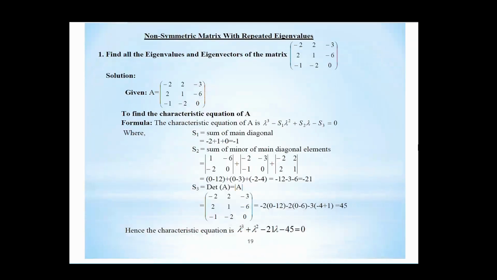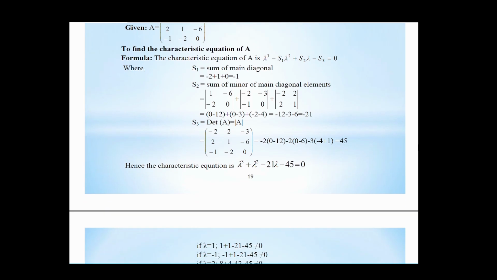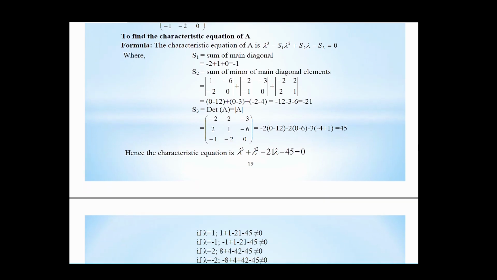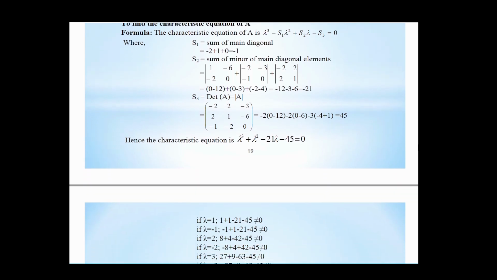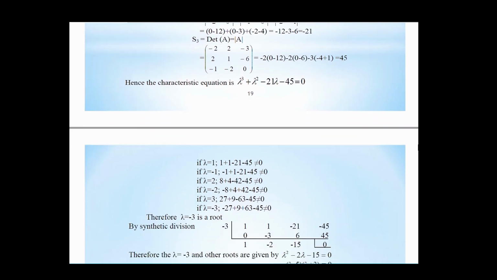Okay, next we see an example for a non-symmetric matrix with repeated eigenvalues. Here also we write the characteristic equation, find the eigenvalues and follow the same process as in the above example.